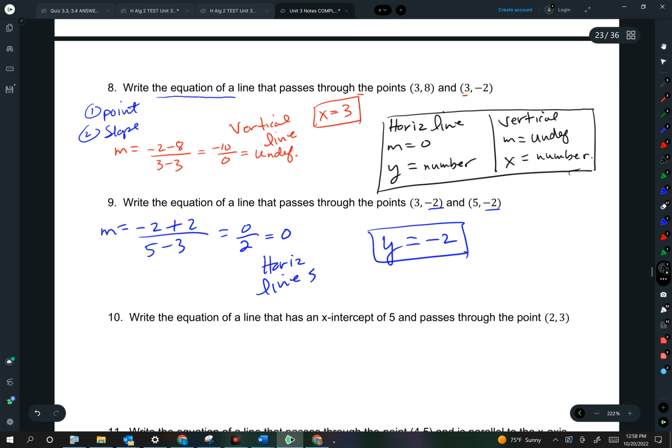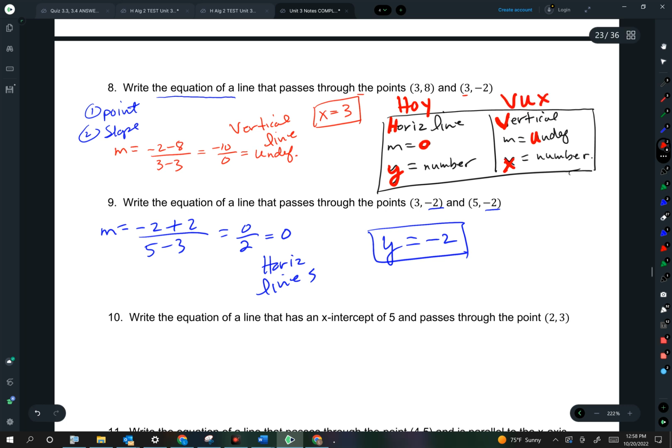Now, I don't know if this helps you. I had a student one time tell me the way they remember this is using this weird phrase. They will say H-O-Y, hoy: horizontal 0, y. And then for the vertical, they will say V-U-X, V-U-X.